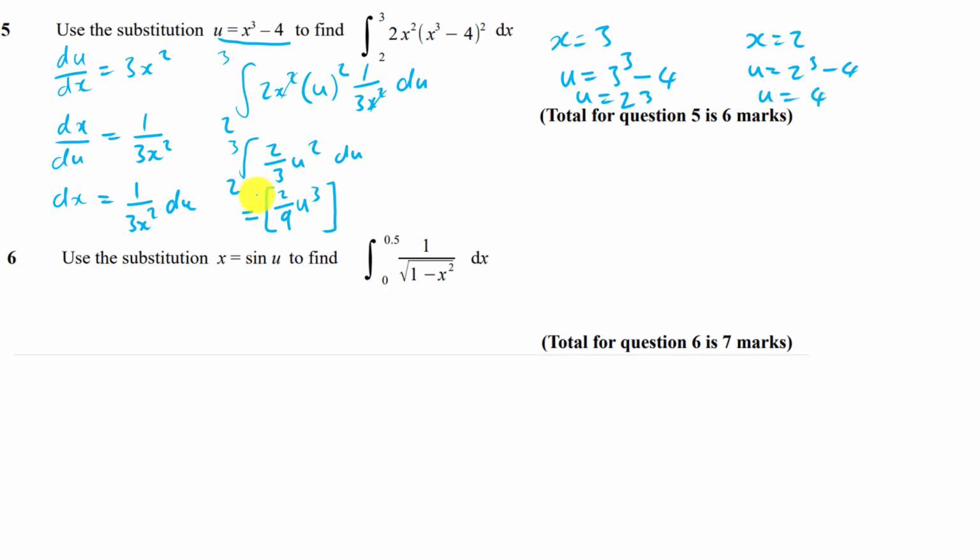So we're doing that between 23 and 4. So we just do 2 over 9 times 23 cubed minus 2 over 9 times 4 cubed, and what did you get, Ollie?